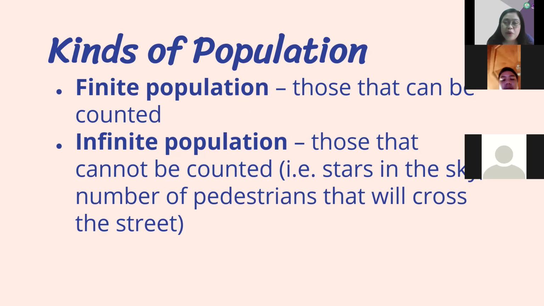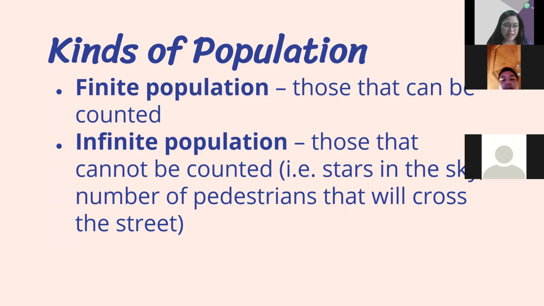However, if you have a population that cannot be counted, we call it infinite population. For example, stars in the sky, we cannot really count that. And also the number of pedestrians that will cross the street. You cannot stay there all day and count how many cross that street.